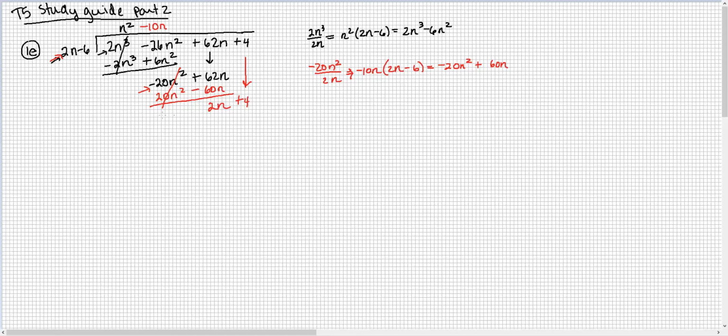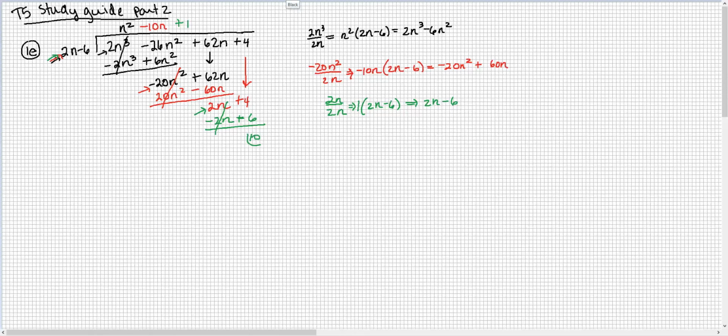Now, once again, you ask yourself, how many times does 2n go into 2n? Well, guess how many times? Not 0, but 1. Right, so then what do we do with the 1? We multiply it by the 2n minus 6. And going below, you get 2n minus 6. But when we put it over here, we have to change the signs. So it's minus 2n plus, because it's negative, so plus 6, we get 10.